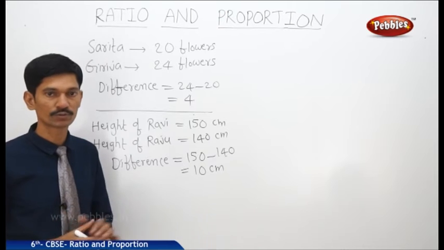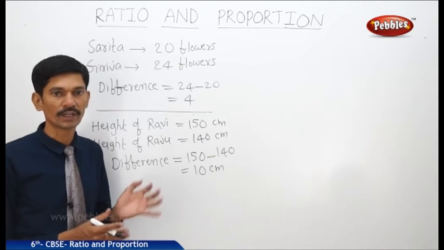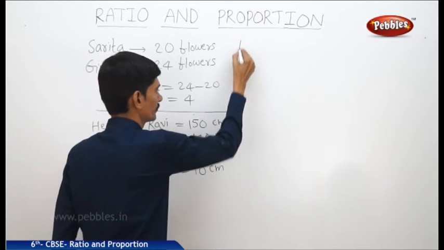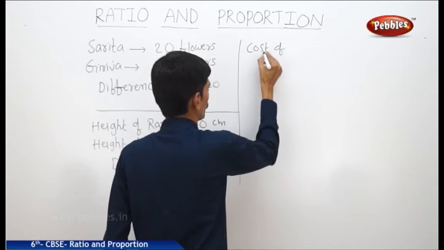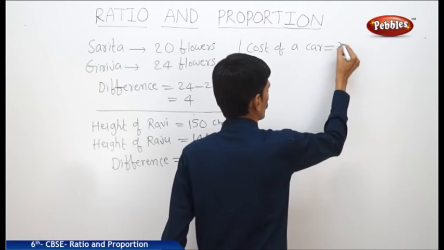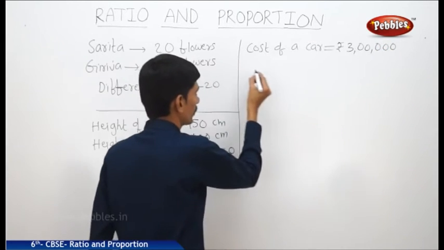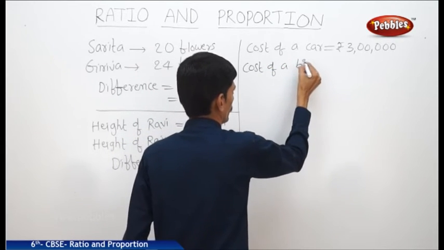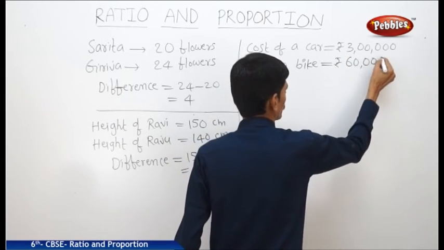So we can compare two quantities even by dividing the first quantity by the second quantity or dividing the second quantity by the first quantity. So let us take another example. The cost of a car equals 3 lakh rupees and the cost of a bike equals 60,000 rupees.